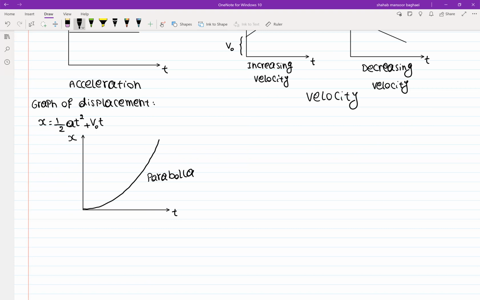It is only for accelerated motion. Of course, the graph of displacement for constant velocity is not a parabola. It's a line. If you remember, I discussed it before. Okay, therefore, you have this curve here.